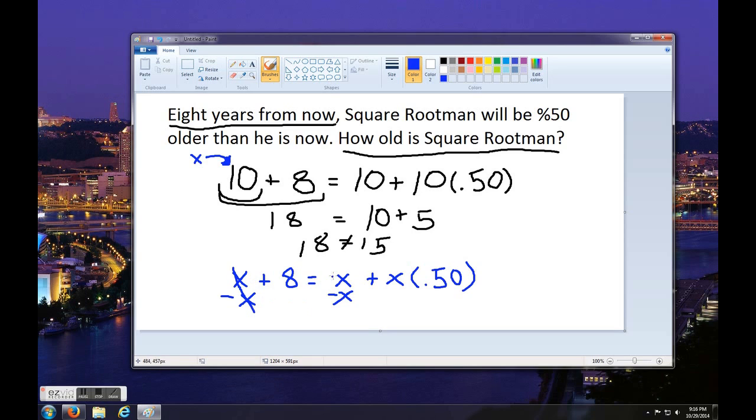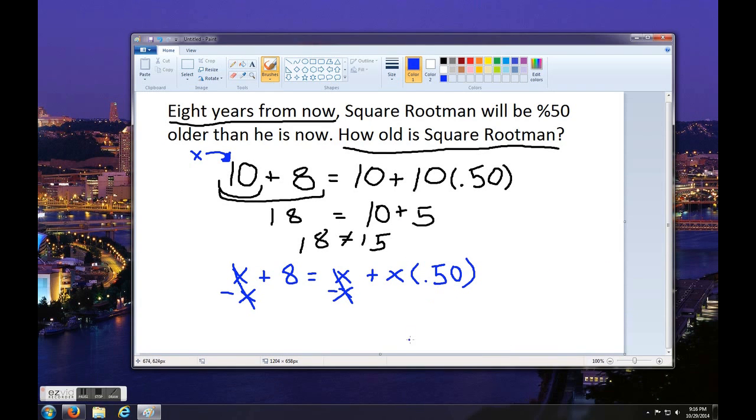This is out, this is out, and we're left with 8 equals 0.5x. So we just switch these in.